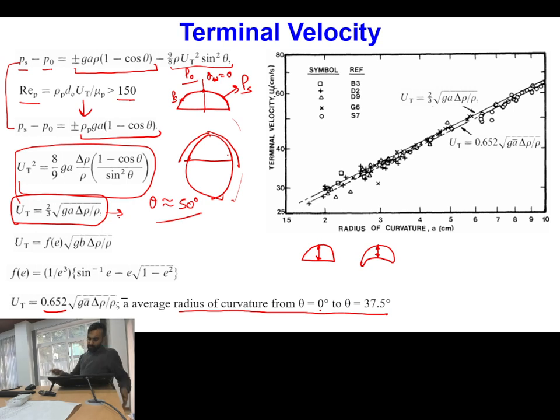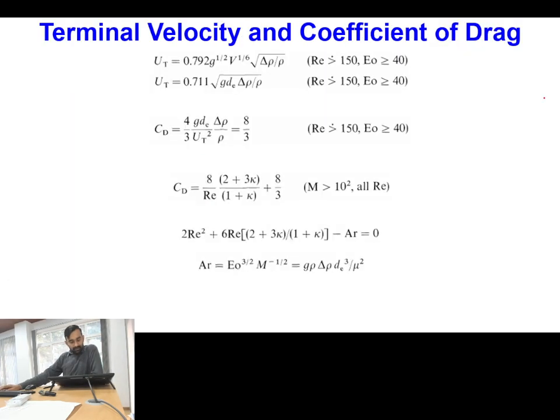Okay, so you can see that the two different values of velocity estimated match well with the spectrum of experimental data obtained from different sources. Is this point clear? All these dotted points are experimental data from different sources, so these terminal velocities match well with the experimental data.